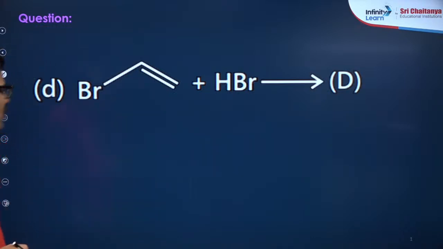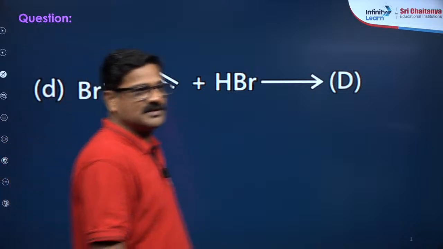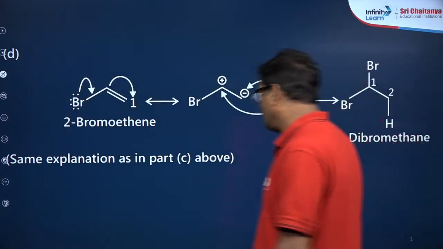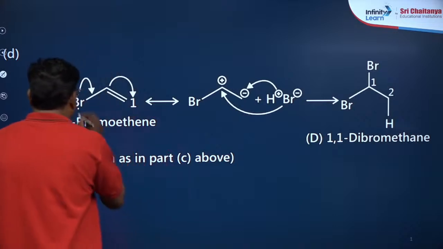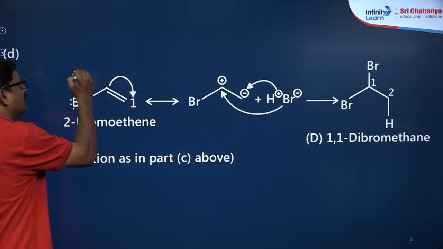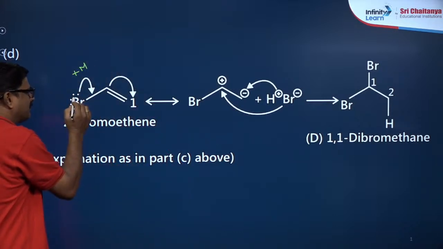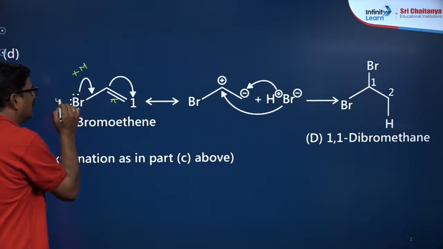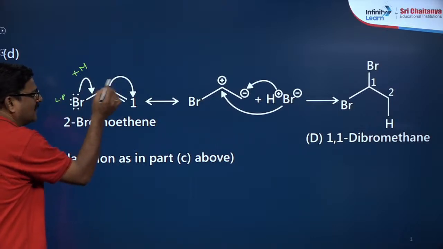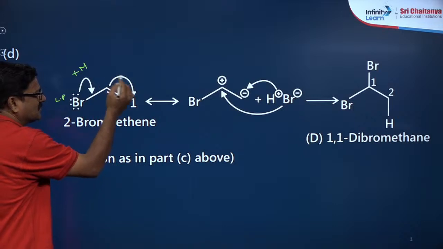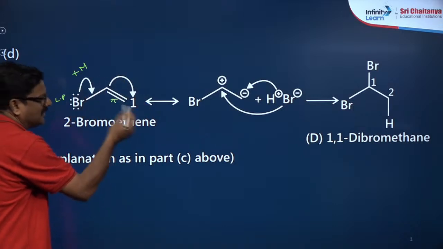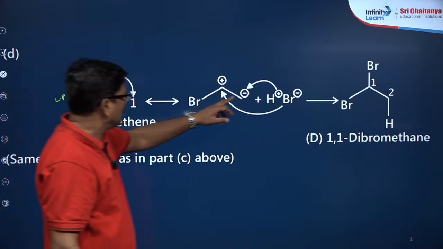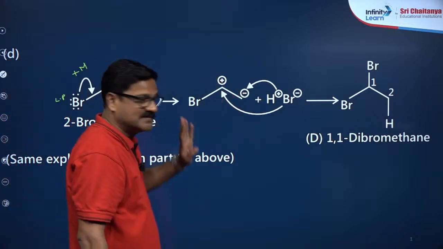So how can you do this question? In this question, you just see, the bromine has a lone pair of electrons, it has a positive mesomeric effect. So lone pair and a pi bond, okay, the conjugation is formed. So because of this conjugation, the bromine is going to polarize like this, so that it is going to be negative and positive.